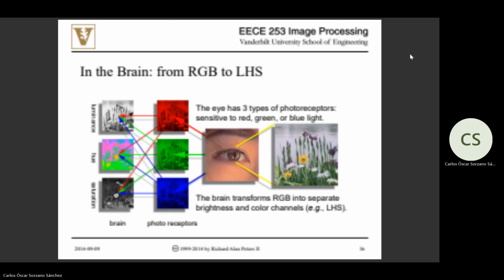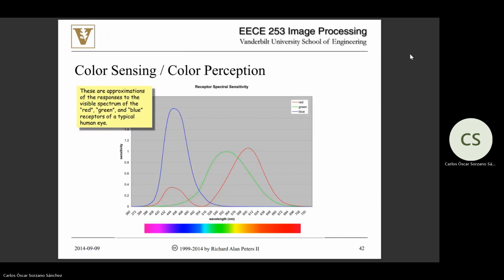Okay, then why do we say that we have three kinds of cells? Because when you excite those cells with light of different wavelength, you see this kind of response.